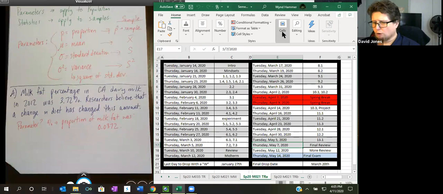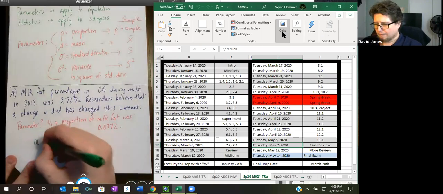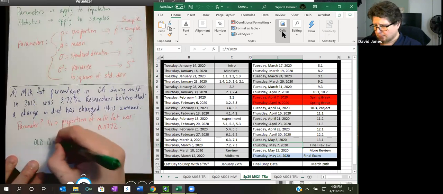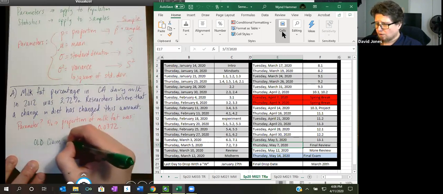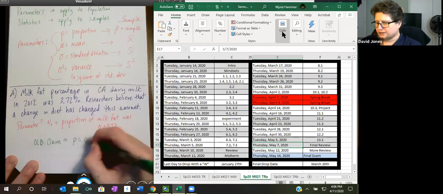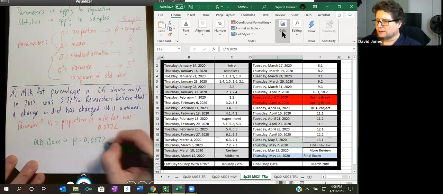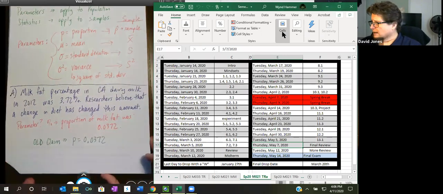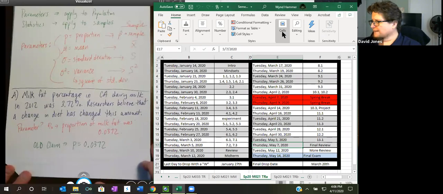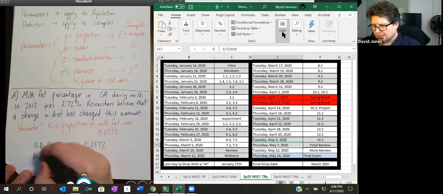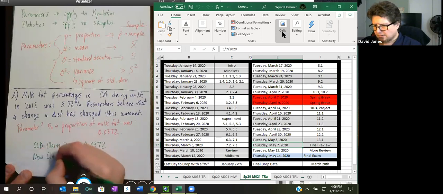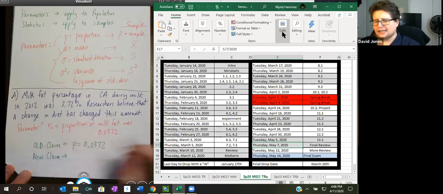And so what we do in hypothesis testing, our old claim was that the proportion is 0.0372. It says the researchers believe that a change in diet has changed this amount. Have they said that they think it is greater than it or less than it?